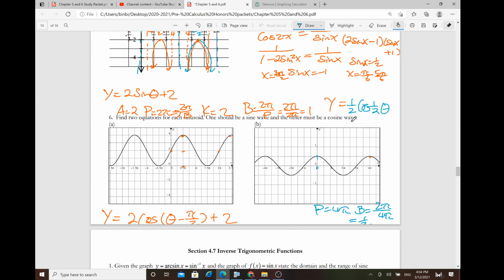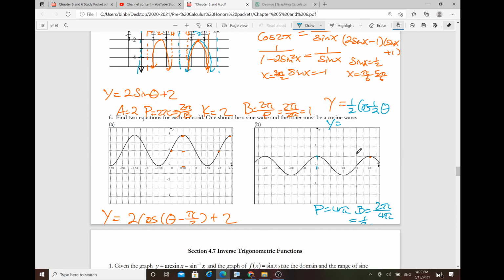And then the sine curve is quite similar. This one is just shifted pi units to the right, but it's reflected over the x-axis, supposed to be like a roller coaster.